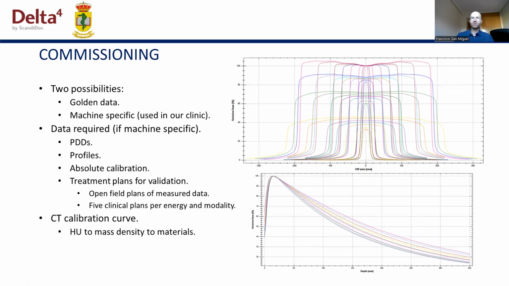In addition to the measured data, a number of treatment plans calculated with the TPS algorithm used clinically should be submitted, including open field plans for all of the field sizes where profiles and depth doses have been submitted, planned on a large water phantom with an SSD matching what was used when acquiring the data, and at least 5 clinical plans per beam energy and modality that can be considered typical for the clinical environment.